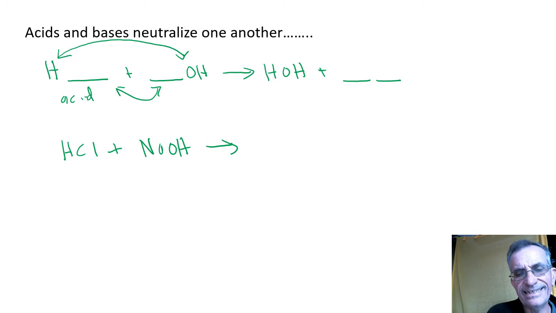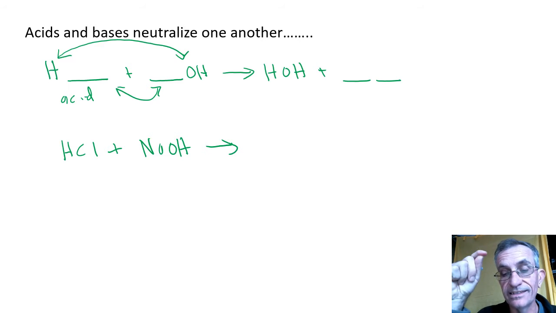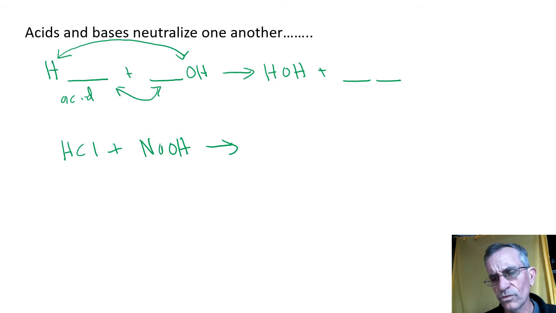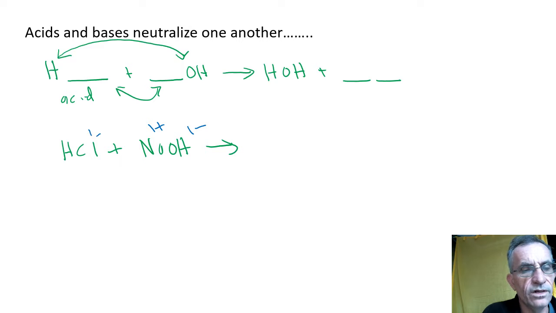I know this was forever ago, but do you remember in these double replacement reactions you had to know the charges, because you had to figure out the formulas of what we're making, keeping those charges balanced? In the interest of saving time, I'm not going to show you all these charges in the periodic table. Let me just remind you: hydroxide is -1, sodium is +1, chloride is -1, and hydrogen is +1.